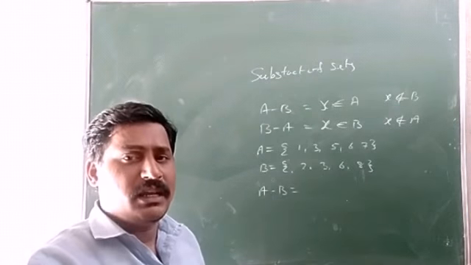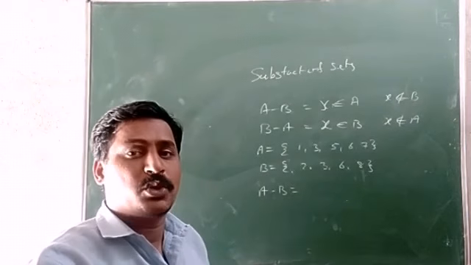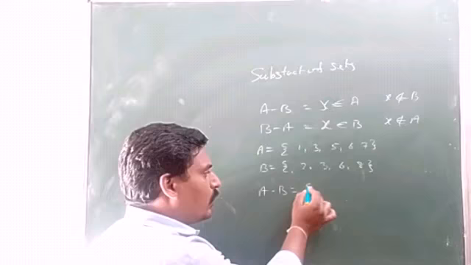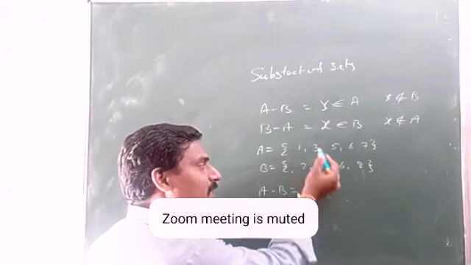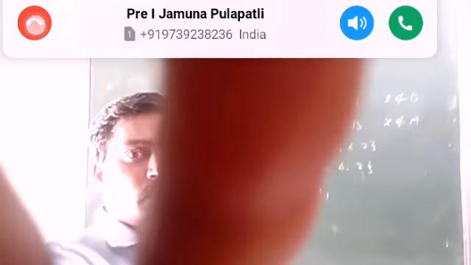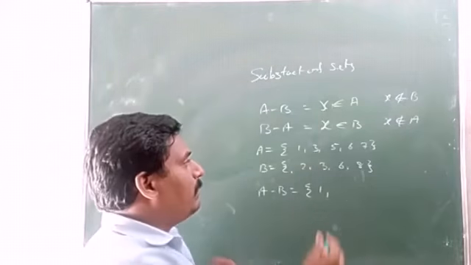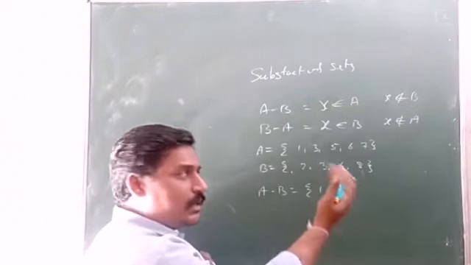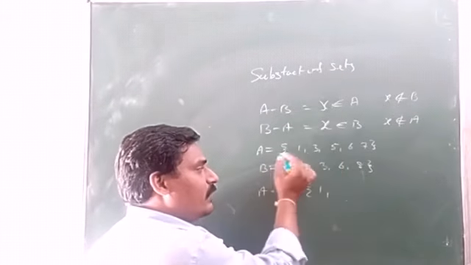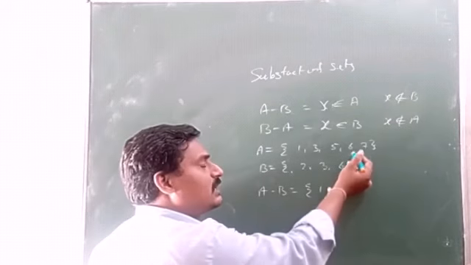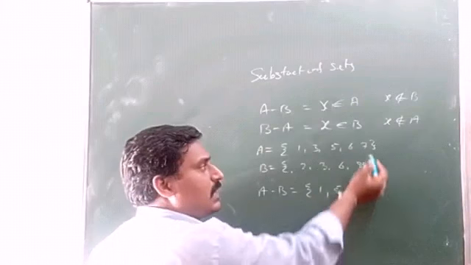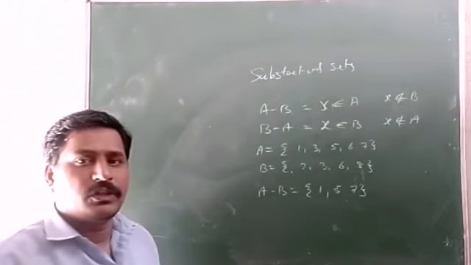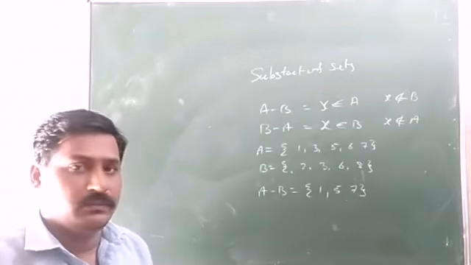And what is there in A, just write that here. So 1, it is not there in B, so write 1 here. Then 3 is there in both A and B, leave it. 5 is there in A only, just write 5 here. 6 is there in both, leave it. 7 is there only in A, just write 7. So this is A minus B.